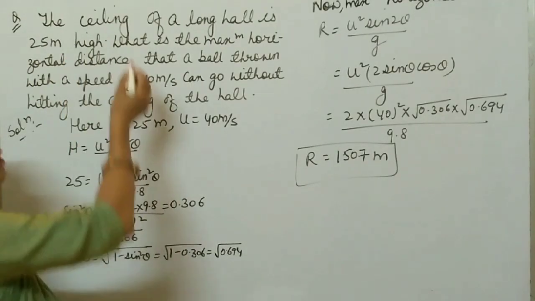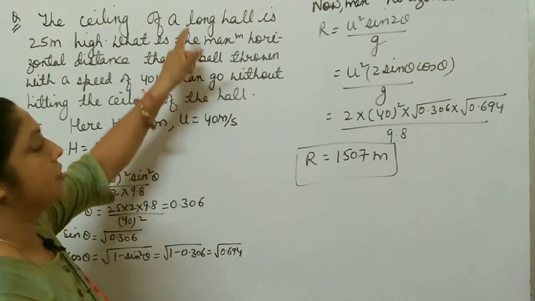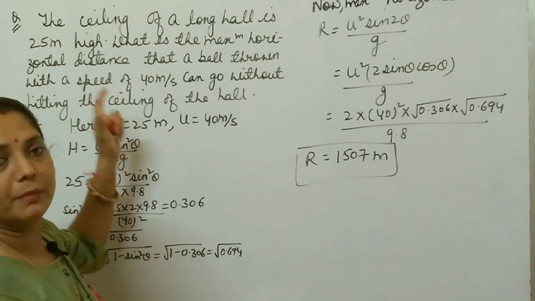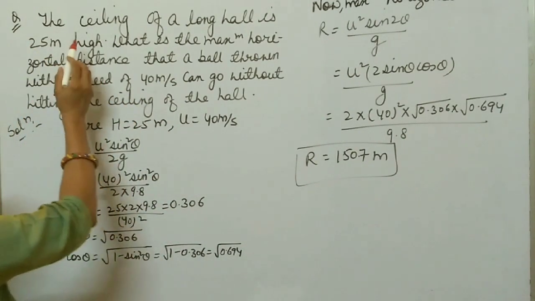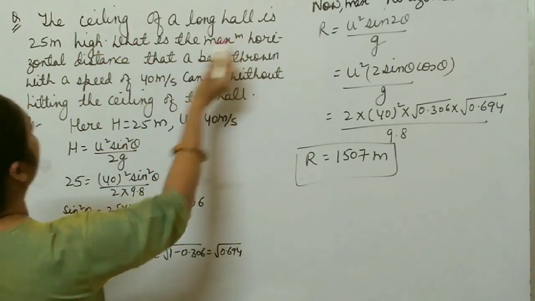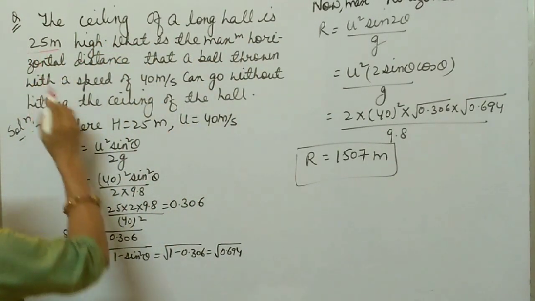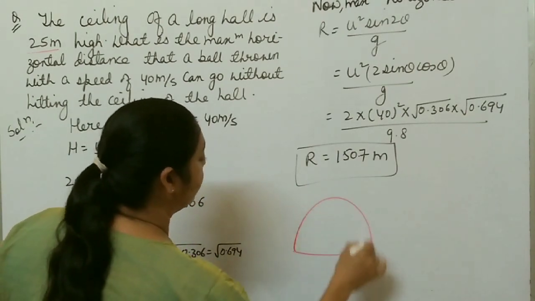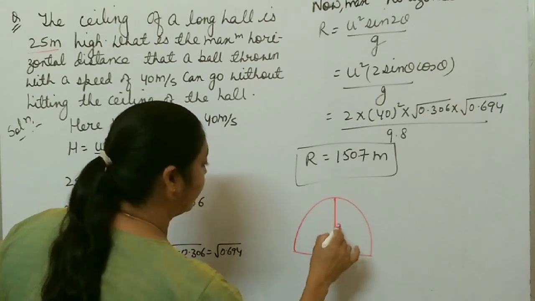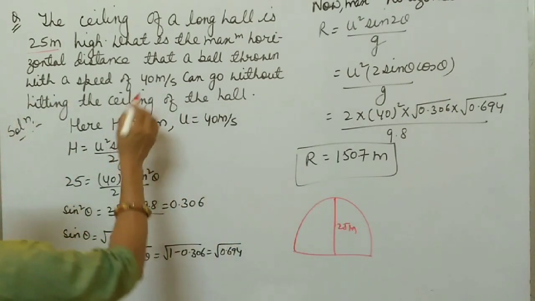Now I am going to solve one numerical based on projectile motion. I have taken this numerical from the NCERT book, I think 4.13 or 4.14. The question is, the ceiling of a long hall is 25 meter high. There is a long hall and the ceiling of this long hall is 25 meter high, right?